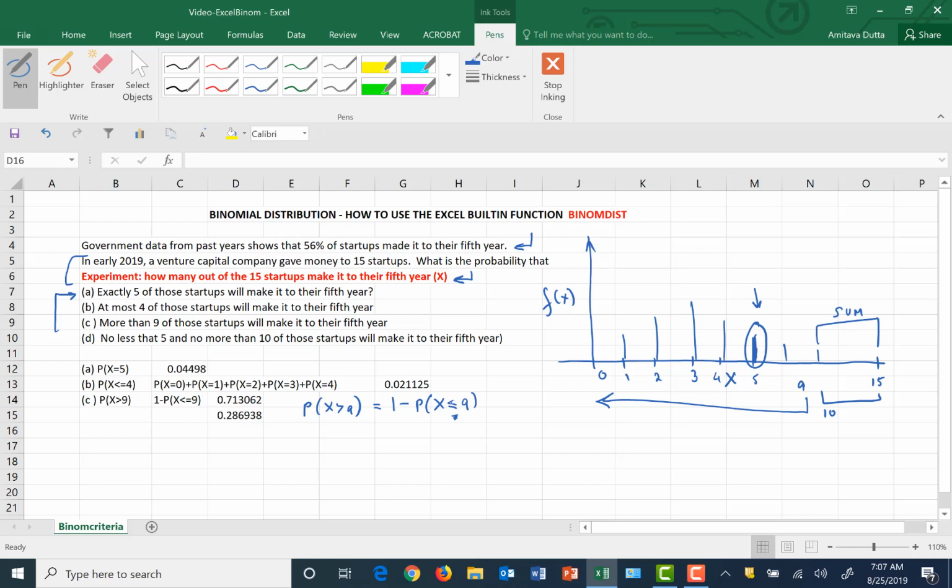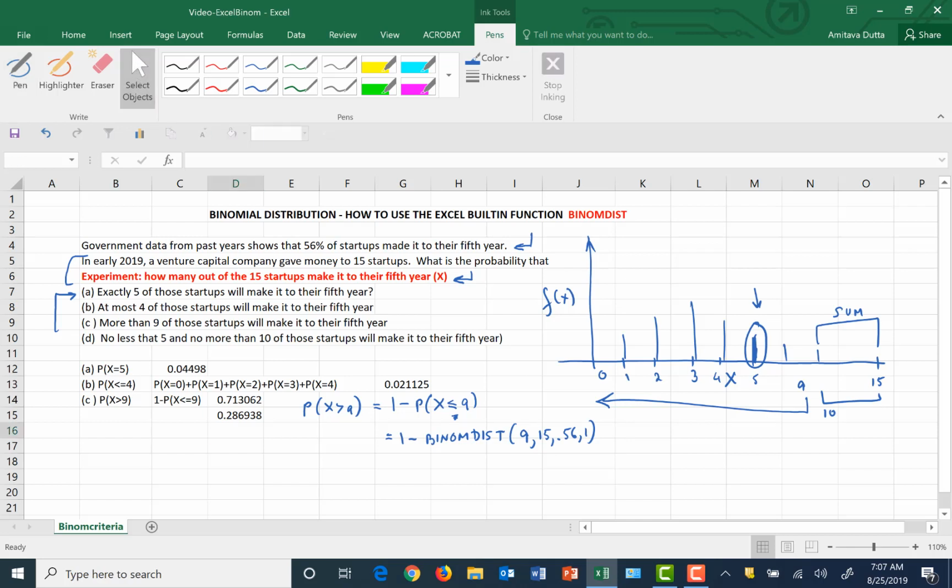So the probability of x greater than 9 is equal to 1 minus the probability of x less than or equal to 9, and this is equal to 1 minus binom dist of 9, 15, 0.56, 1. So a little bit of moving around, just algebraic, fairly simple to do.